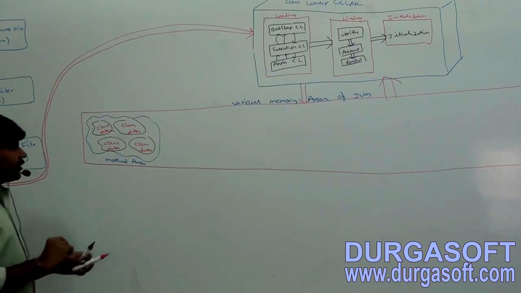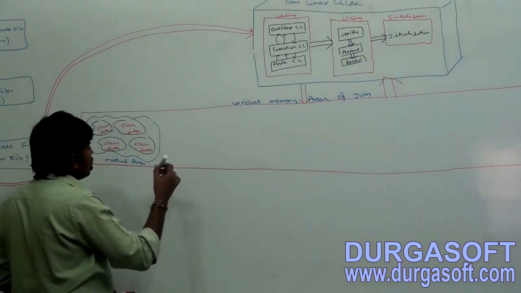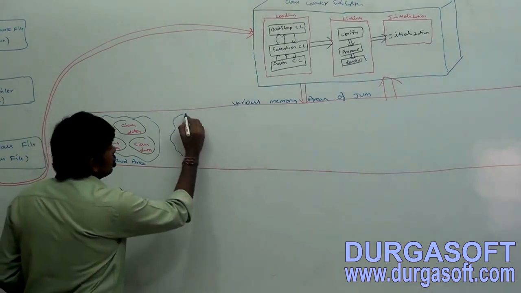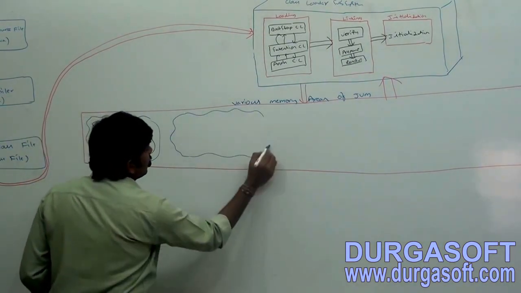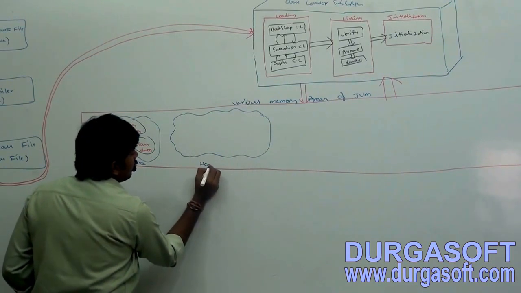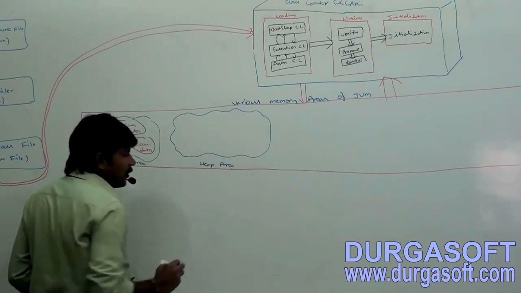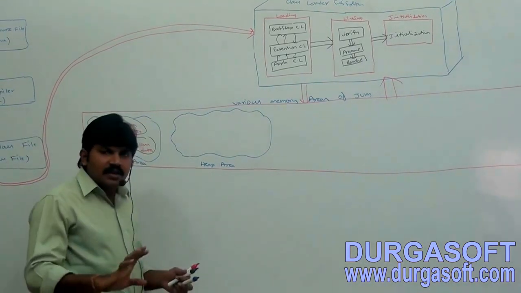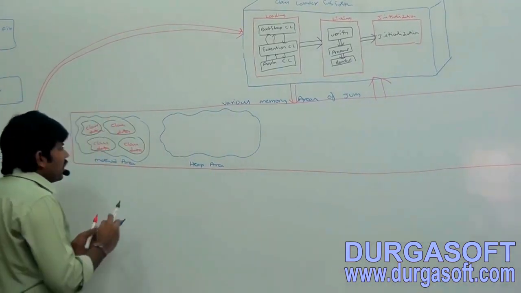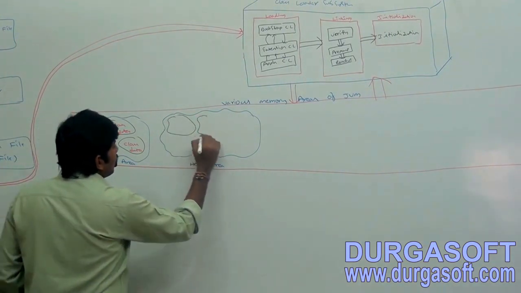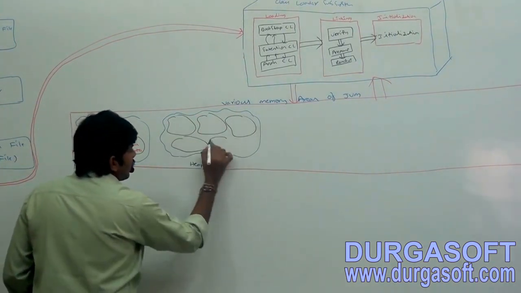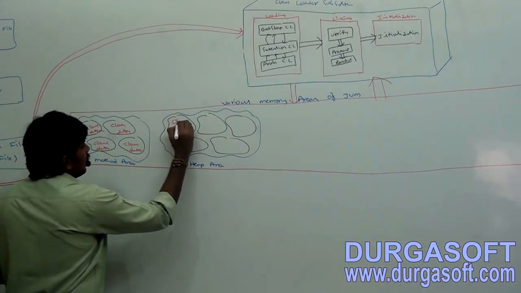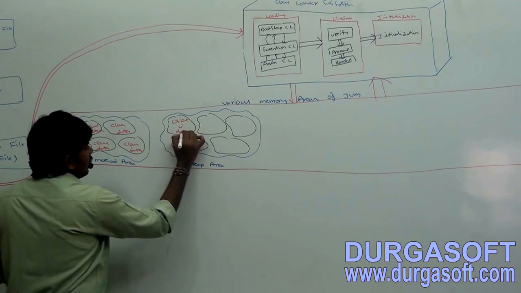Now the second one. What is the second memory area? Heap memory. In the heap area, which data by default will be saved? Object data. Objects and corresponding instance variables will be saved in the heap area only.